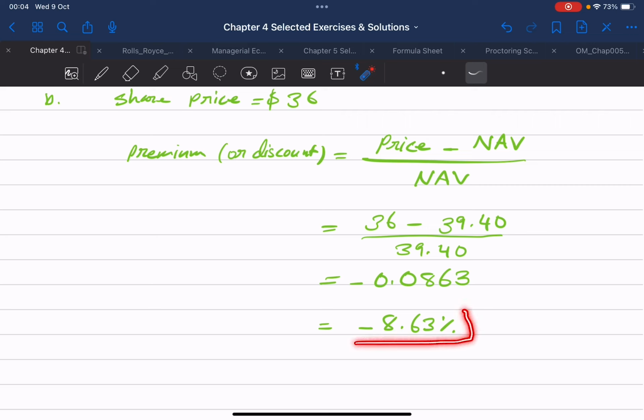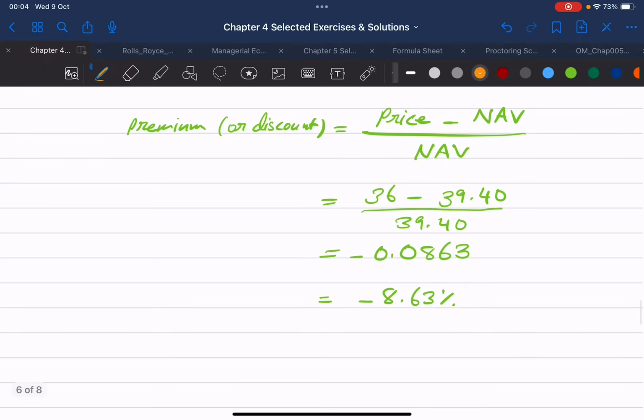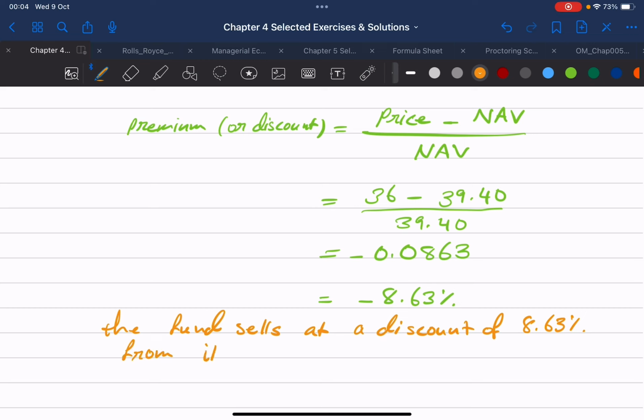And since the answer is negative, that means that the fund sells at a discount, you could say of 8.63% from its net asset value. And that would be the answer to part B.